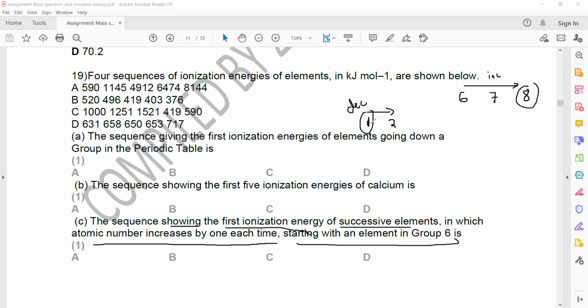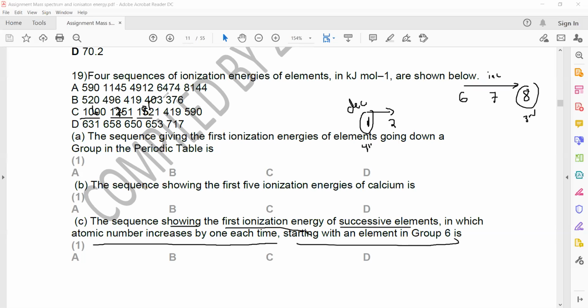decrease. So after 3 ionization energies, there should be a gap between the third and fourth. Moving from the third ionization energy value to the fourth, they should decrease. So you can see here it is 1000, then 1251, then 1521. So it increases for the first three. It shows this is a group 6 element, this is group 7, and this one is group 8.